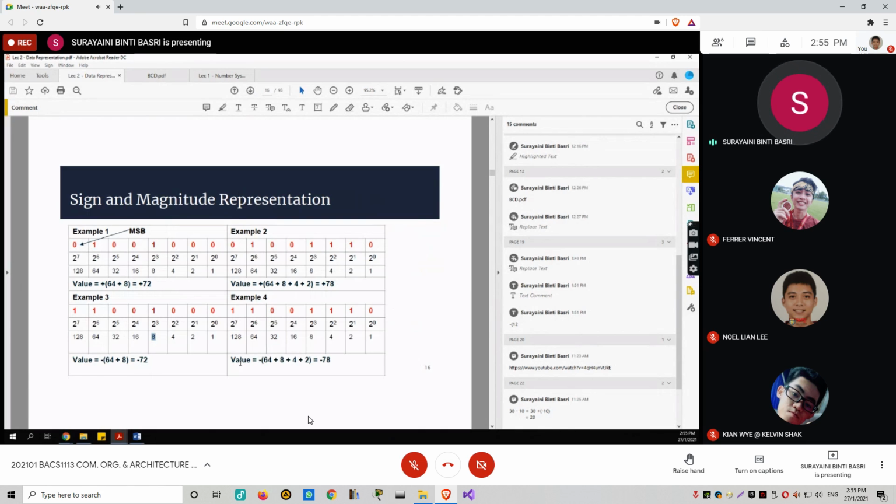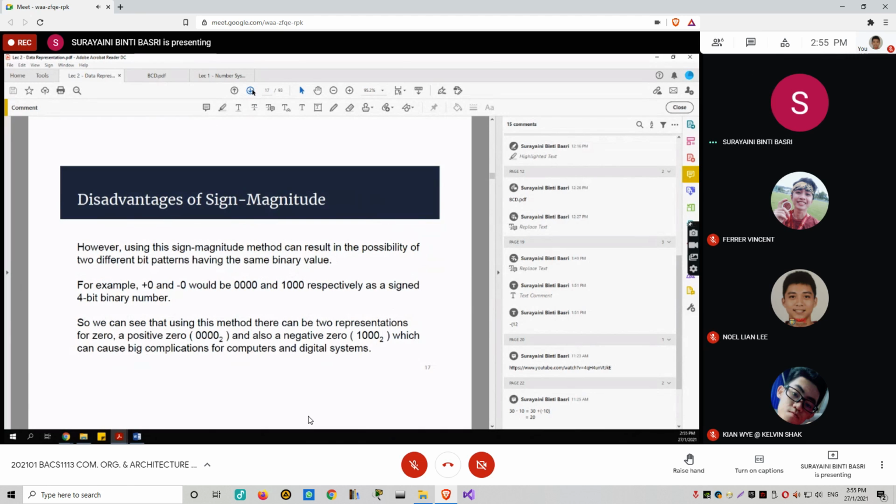Similar with this one, we see this because this is the first sign. The first number is indicating the sign, so we will not take this into calculation. Okay, so we will get the value for the rest of the number except for this one, so we will get negative 78.